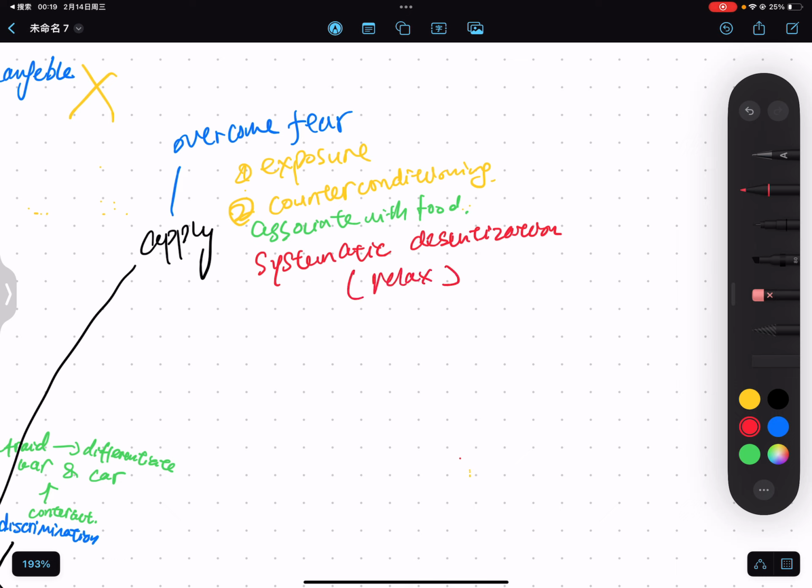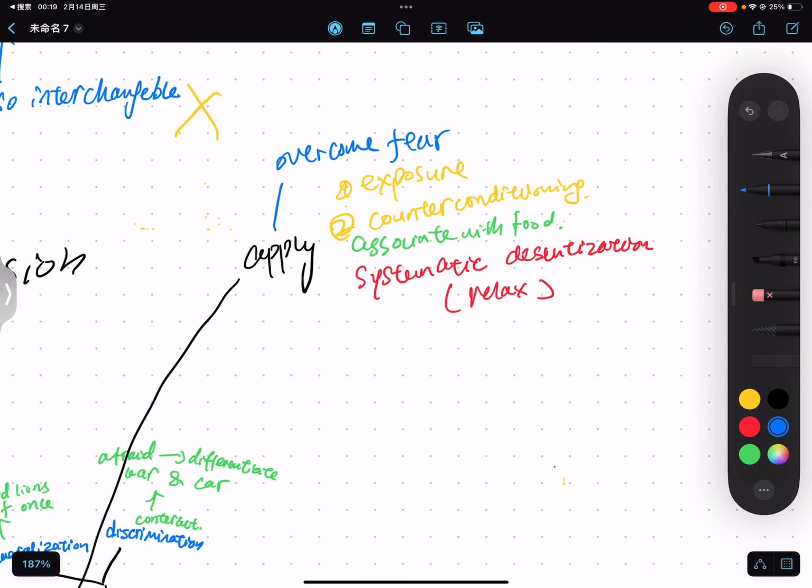Also, we can apply it to treat addiction, like with environmental cues. The concept of prejudice, a negative attitude towards a person, is also something we can explain with classical conditioning.